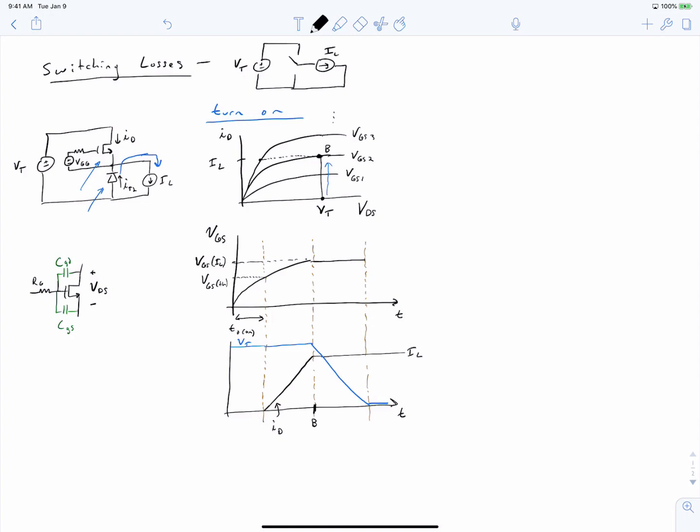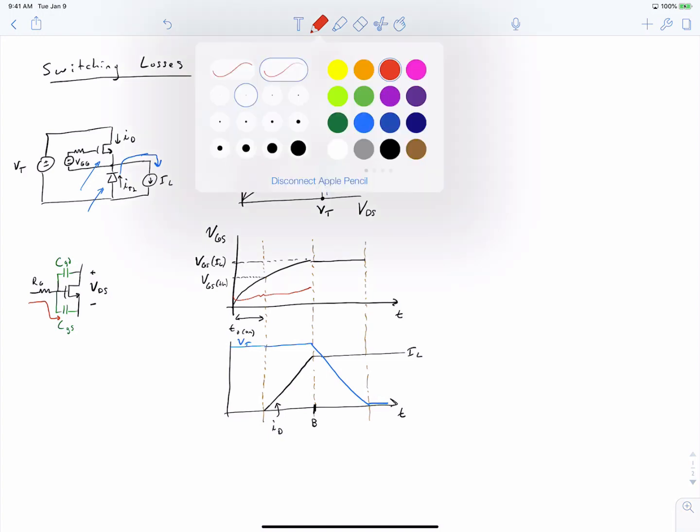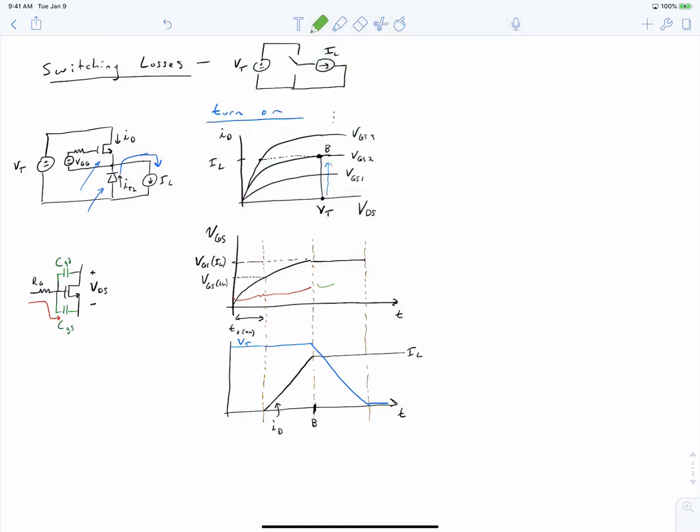So in this initial interval, the drain source voltage is fixed, and all of our gate current is going into charging the gate to source capacitance. In this interval, our gate source voltage is fixed, and all of our gate current is going into charging the gate to drain capacitance.